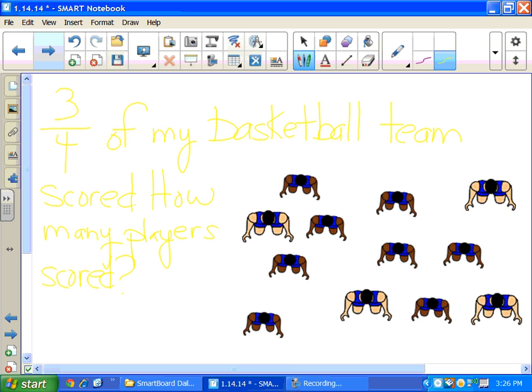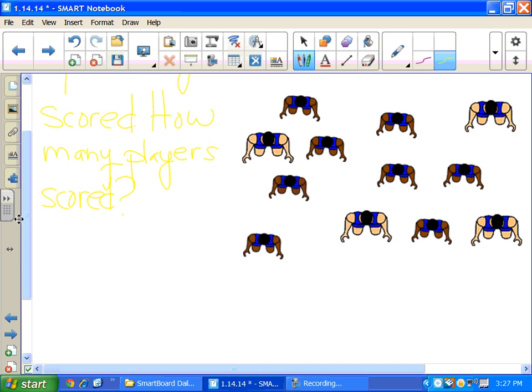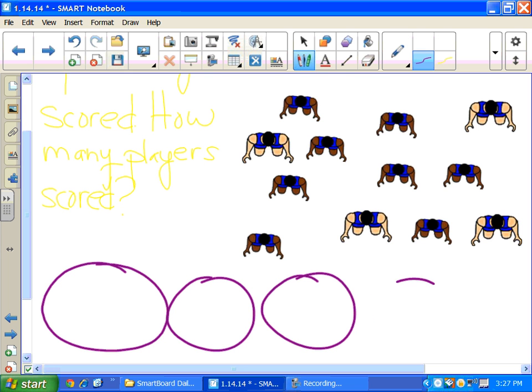So how many would end up in each group? So I need to make 4 equal groups. So I'm going to go ahead and make just 1, 2, 3, 4 equal groups. So I know 12 divided by 4 is 3.